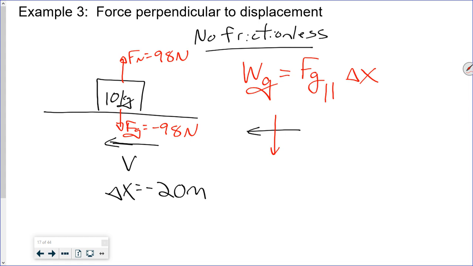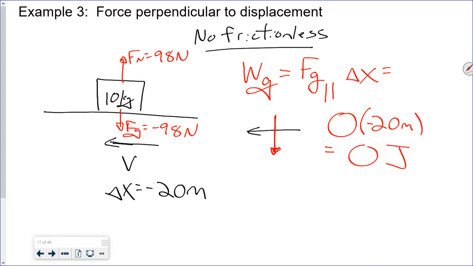So if I split the force up into components, there's never going to be a component that acts horizontally. As a result, this is just 0, because our parallel component is 0, times negative 20 meters, and so you get 0 joules.